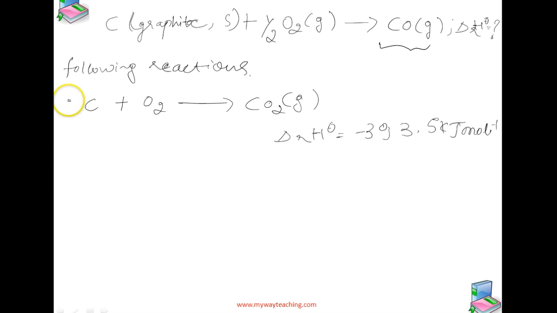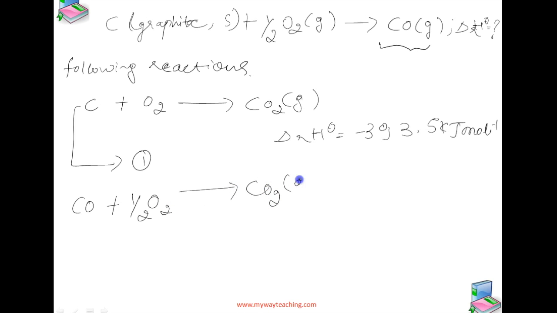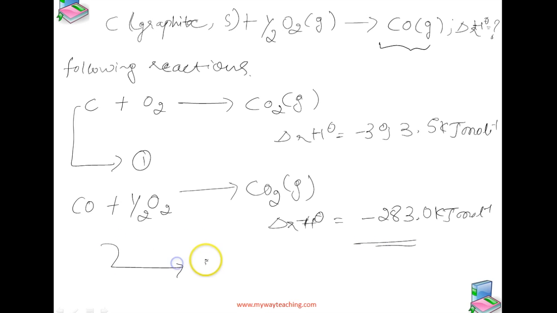This is equation 1. And CO plus half oxygen gives CO2, delta RH is equal to minus 283.0 kilojoule per mole. This is equation 2.